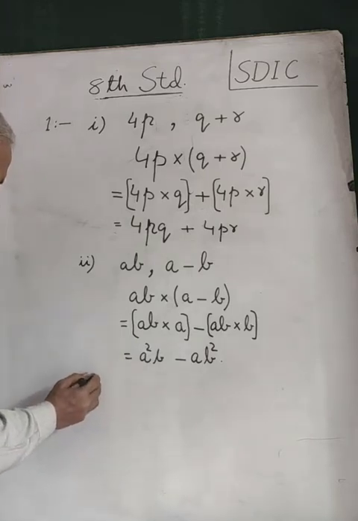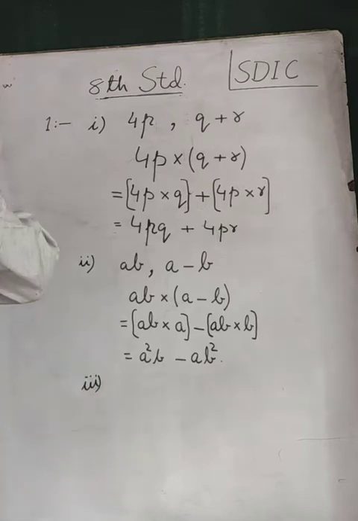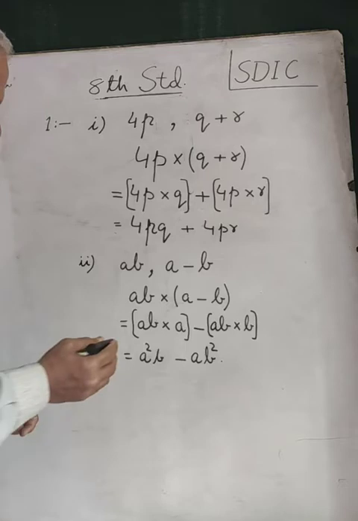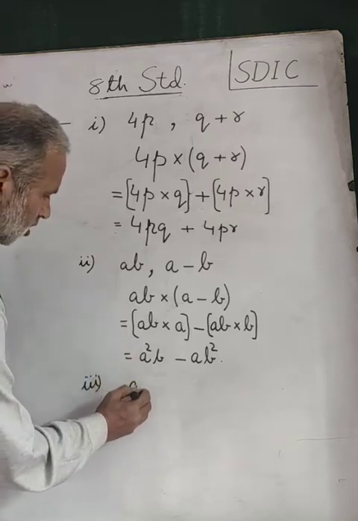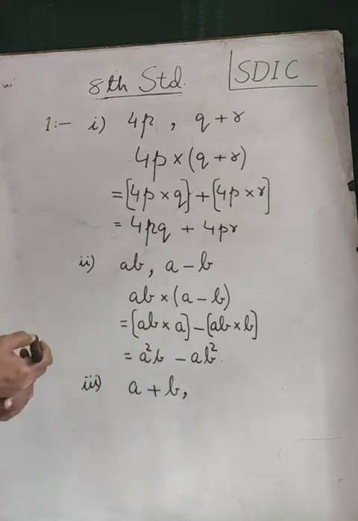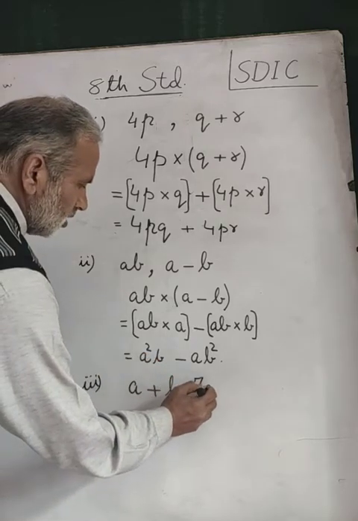Now part number 3. In part number 3 we have the first expression, a binomial A plus B, followed by a comma. Then we have 7A square B square, a monomial.